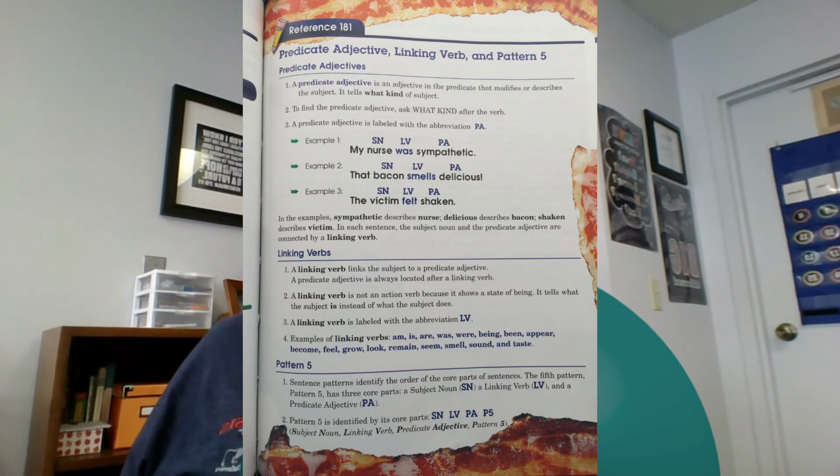Now, I'm not sure if you've had predicate adjectives in 5th grade, but this is pattern 5. It's the last pattern that we're going to learn this year. So let's look at example 1. My nurse was sympathetic. Nurse, subject noun, was, linking verb, sympathetic, predicate adjective.